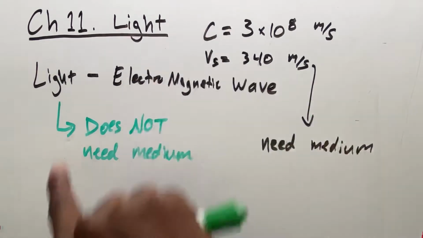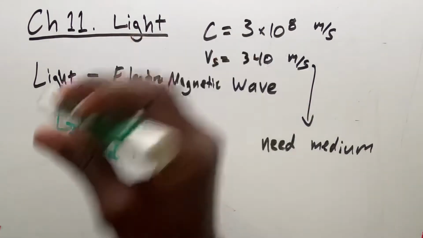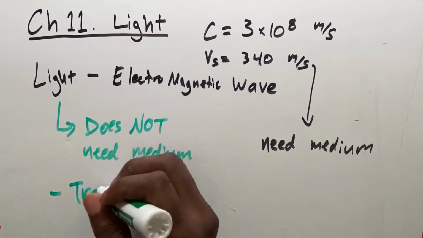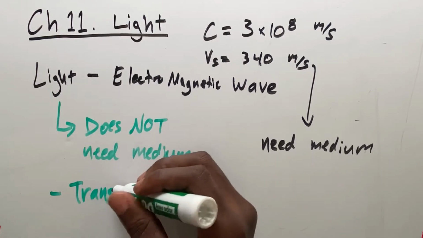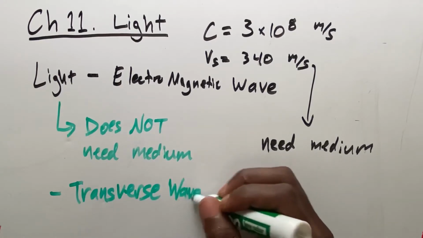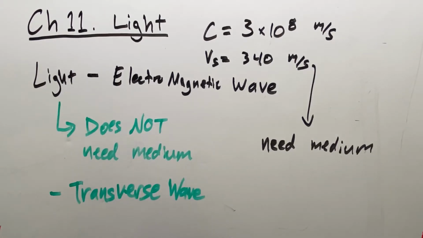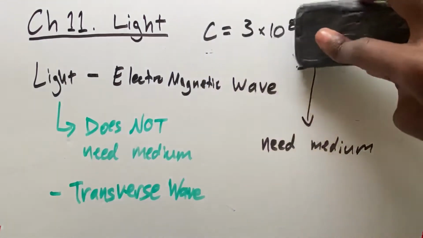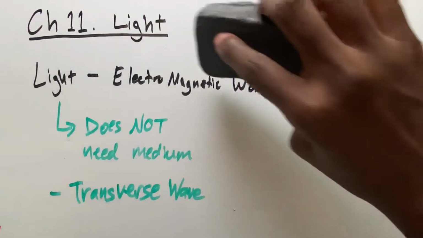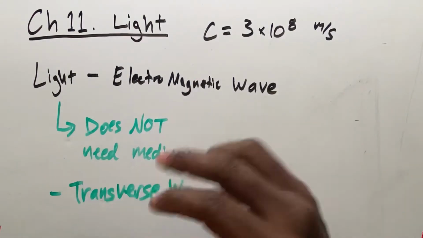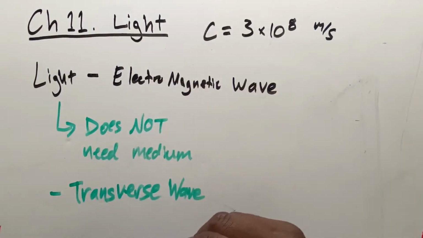And another thing I want to point out is that light is a transverse wave. And what is a transverse wave again? Well, when you hear the word trans, you can think of across, because trans means to go across something.